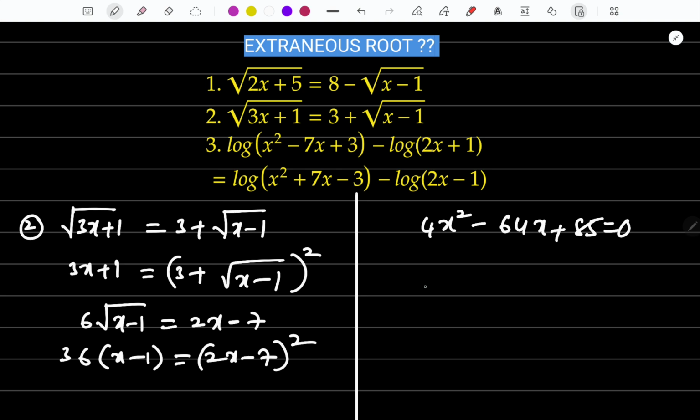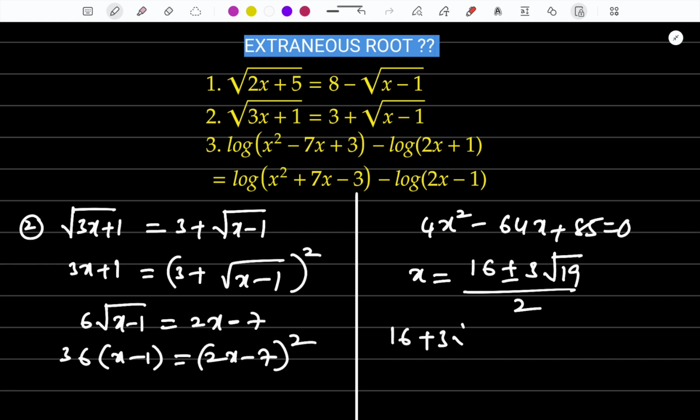If you solve this quadratic equation, you will get the x value as 16 plus or minus 3 root 19 by 2. So 16 plus 3 root 19 by 2, comma, 16 minus 3 root 19 by 2. These are the two roots you are getting here.